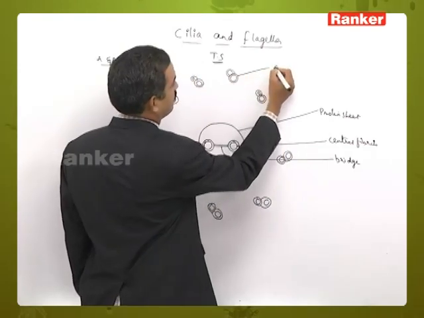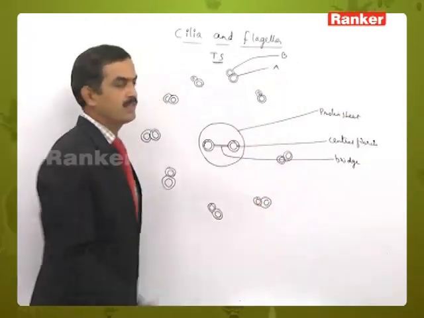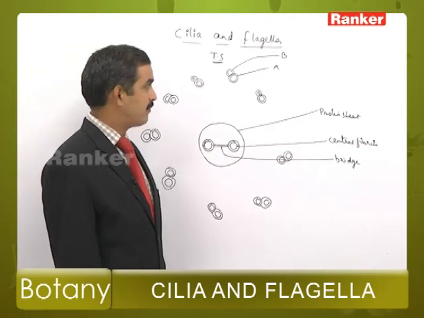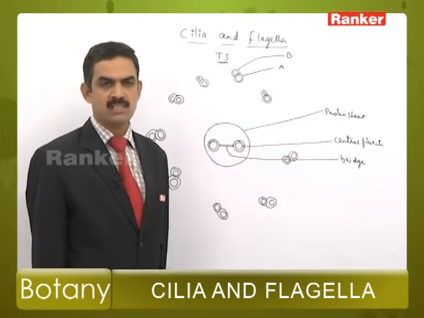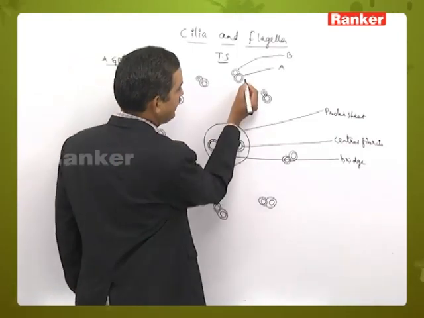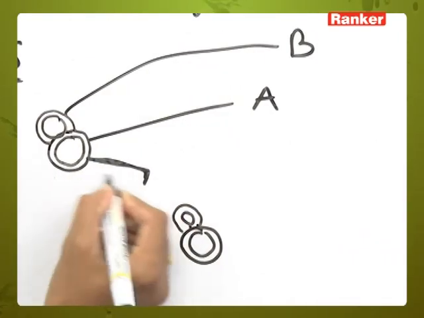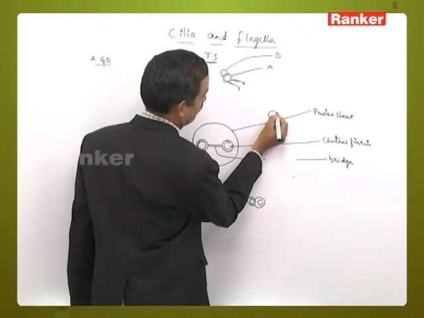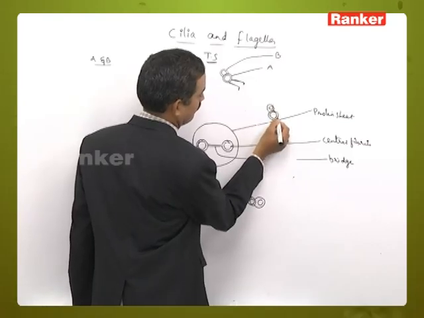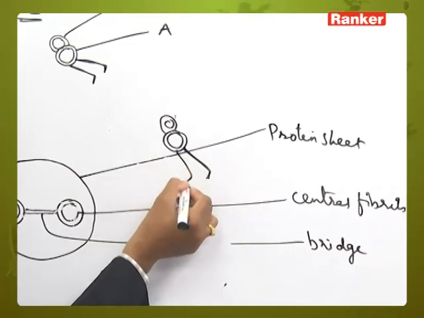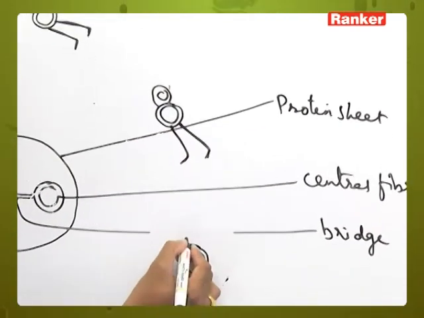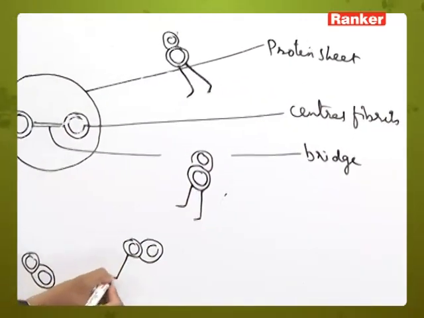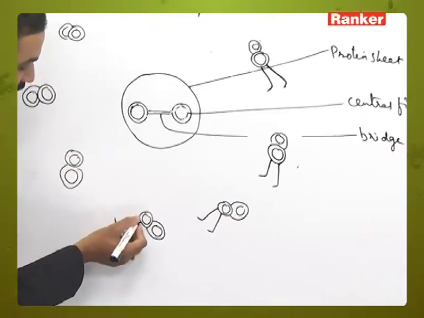A has a complete 13 protofilaments, whereas B is not complete because it is partially sharing the wall, and each A has 2 hook-like structures, the outer hook-like structure and the lower hook-like structure.